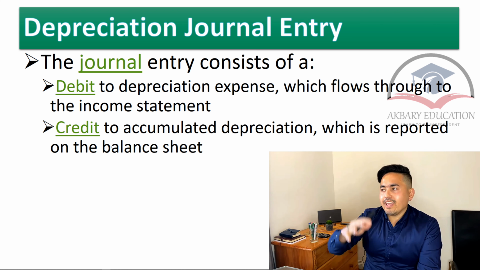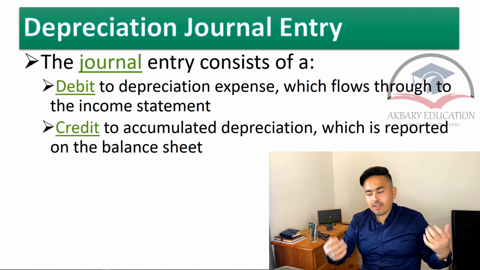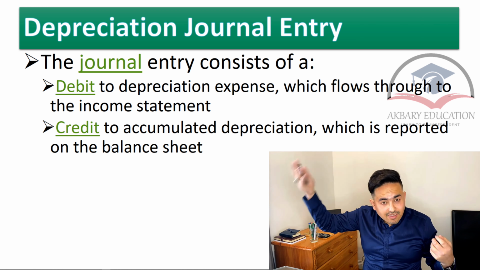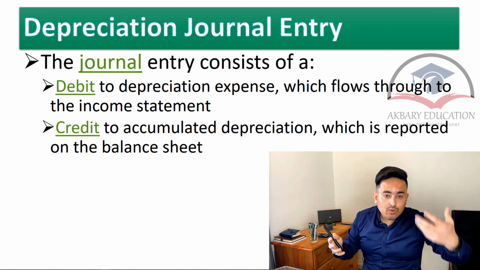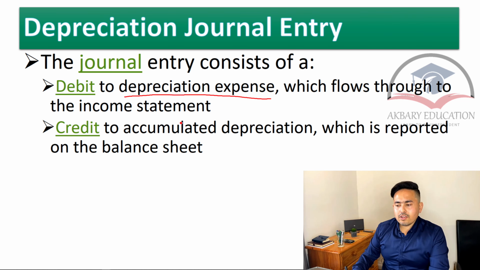Overall, on one side we have the balance sheet, and on the other side we have the income statement. On one side we have recorded an asset, and now we are going to record an expense. So the depreciation expense is recorded in the income statement, by debiting.